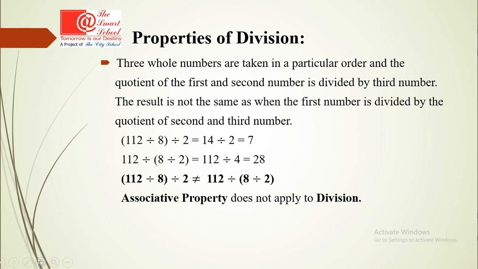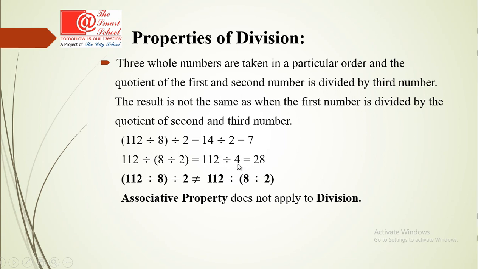112 divided by 8, it is inside the bracket, so we will solve it first. Then divided by 2, so it is equal to 14 divided by 2, and the answer is 7. And if we do 112 divided by inside the bracket 8 divided by 2, it is equal to 112 divided by 4.